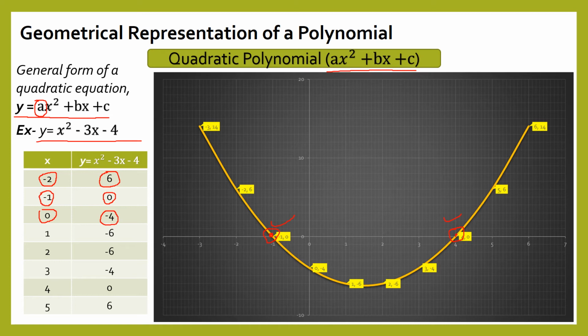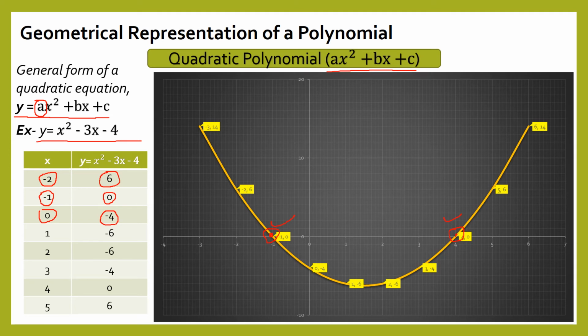Apart from that, there might be a question of how many zeros are possible for a quadratic polynomial. A quadratic polynomial can have a maximum of 2 zeros. A quadratic polynomial cannot have more than 2 zeros.